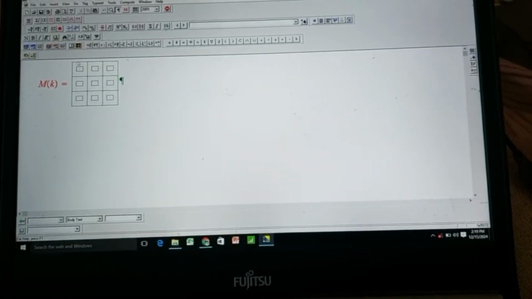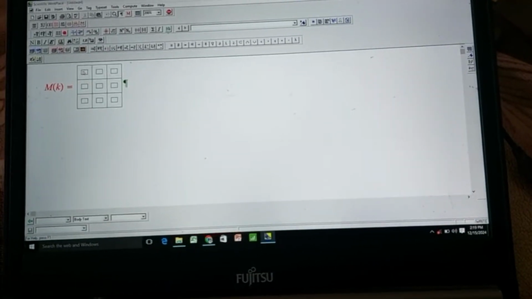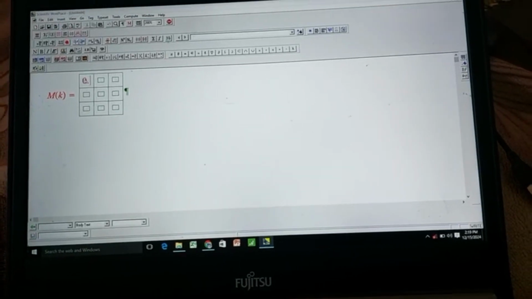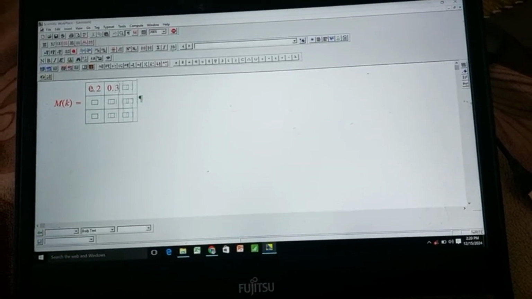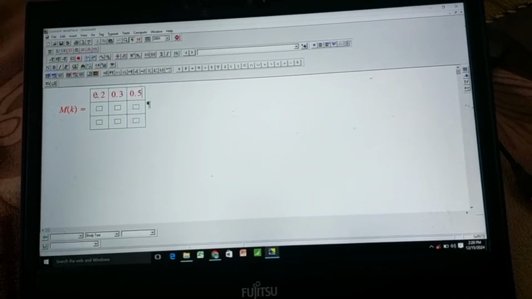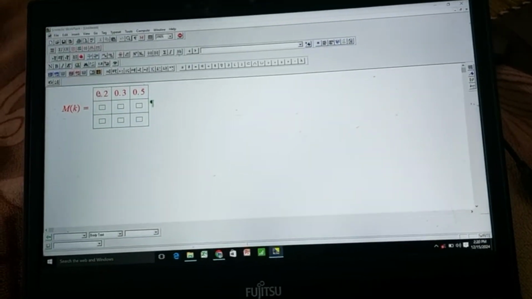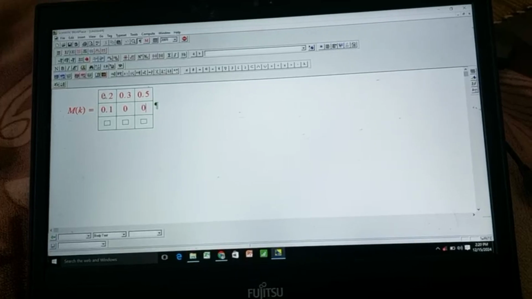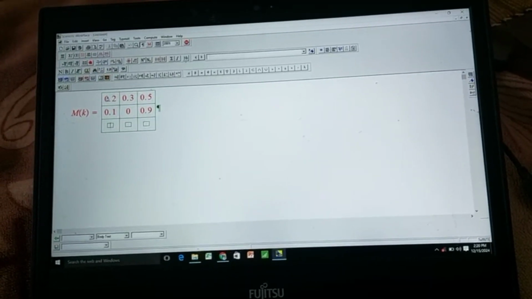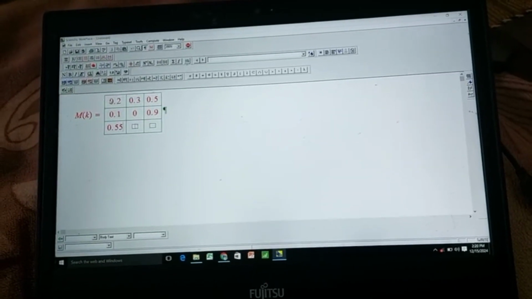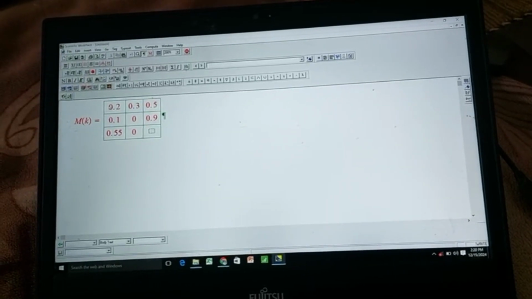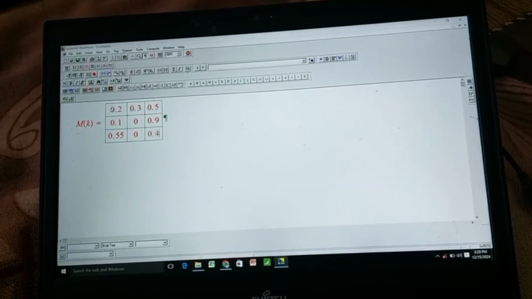In the first row we have the values 0.2, 0.3 and 0.5. In the second row, 0.1, 0 and 0.9. In the third row we have 0.55, 0 and 0.45.